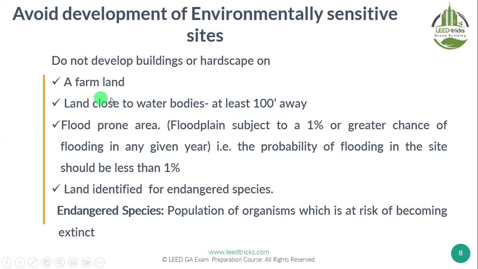Farmland. By the way, any requirements here you need to remember by numbers. Everything in this slide, by numbers. Farmland. Land located close to water bodies, within 100 feet away. 100 feet means around 30 meters. 1 foot equals 30 centimeters, right?